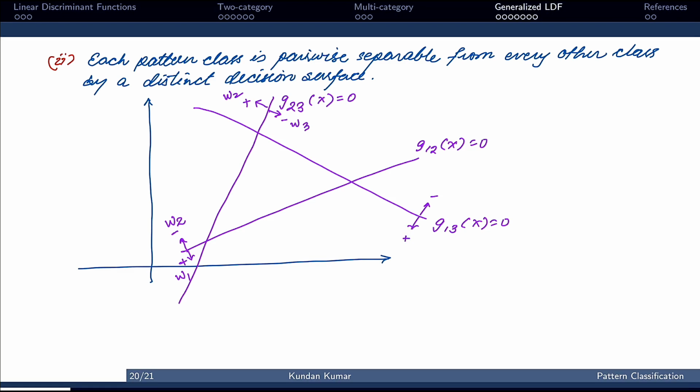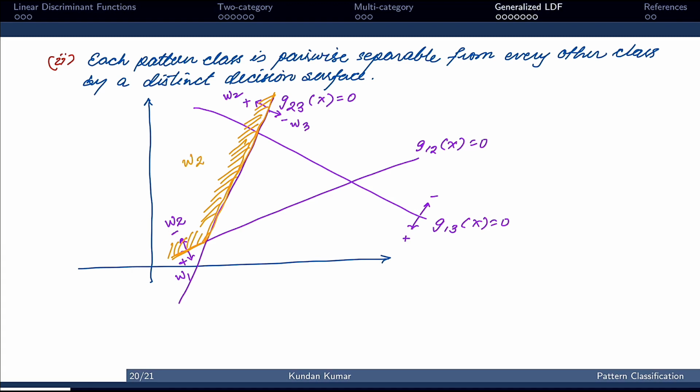Now try to analyze the positive and negative sides of these decision surfaces. We can observe that this side of these two decision surfaces is omega 2. That means these two decision surfaces satisfy that this region belongs to omega 2.